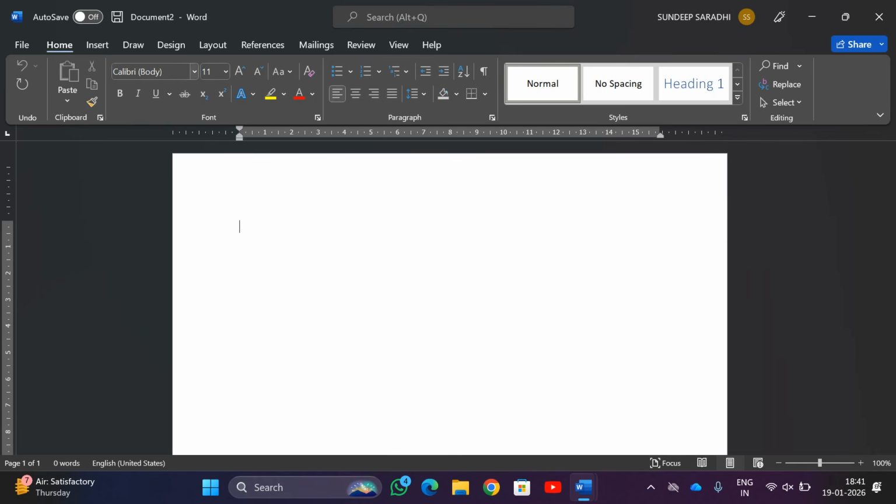I'll just type the definition. So let us take this definition, prompt chaining. Prompt chaining is a technique where a prompt is divided into sequential prompts.